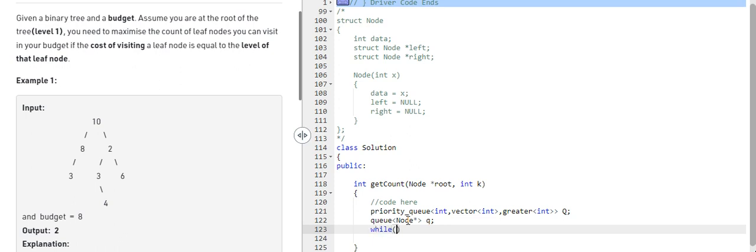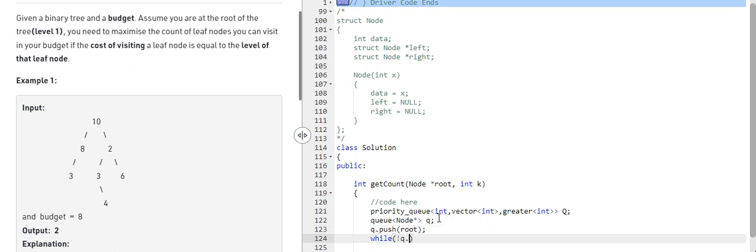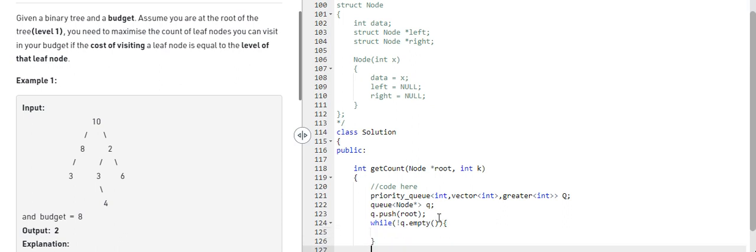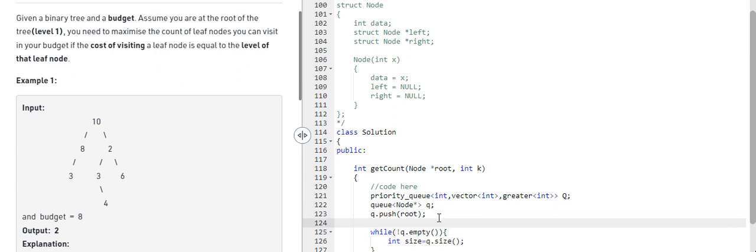Here we write while, but before this we have to push the root in the queue, and then loop while the queue is not empty. Inside we take one size, q dot size, and we have to find the level.